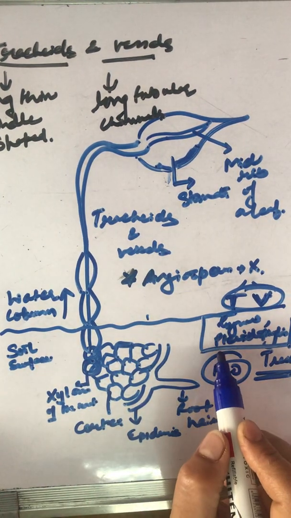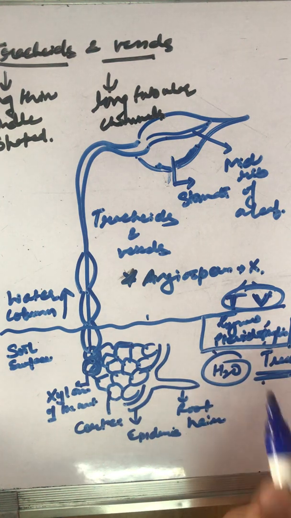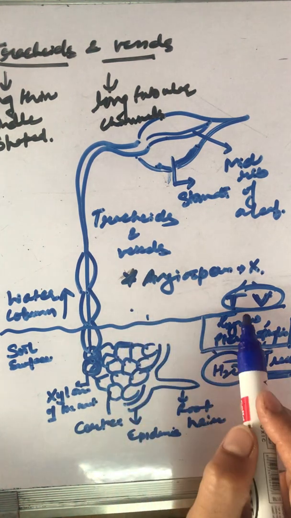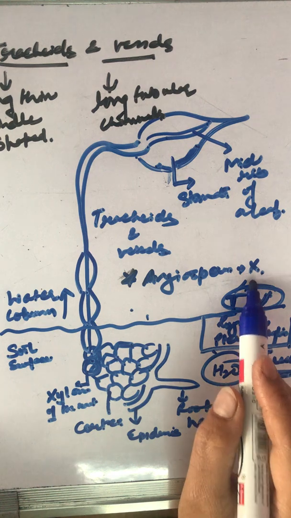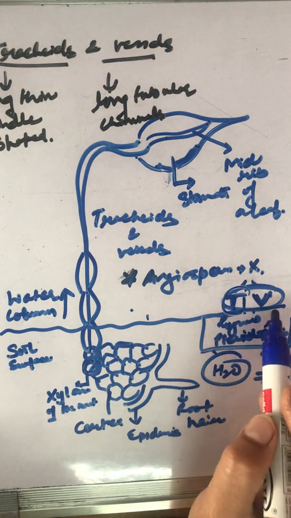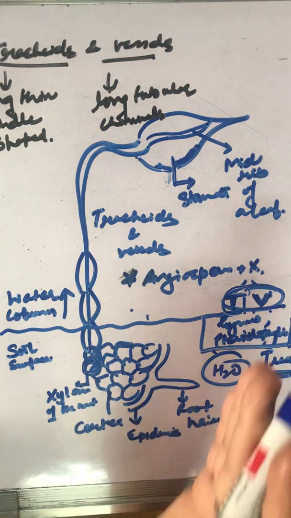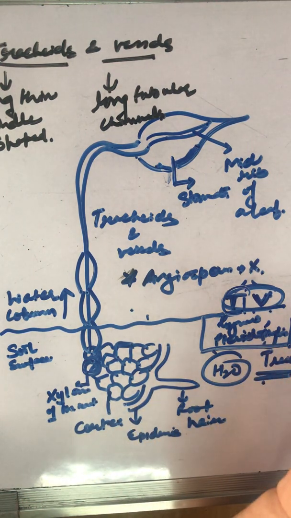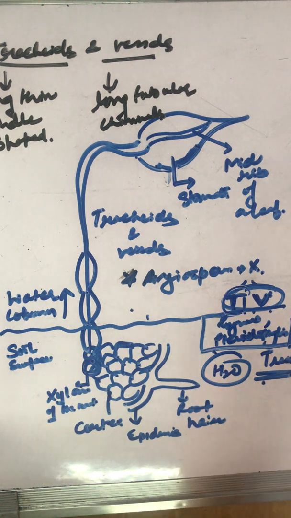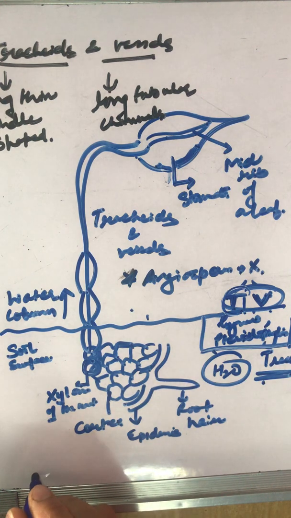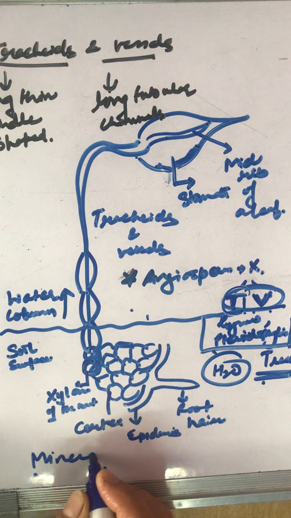So gymnos and pteridos, they have only tracheids, and angiosperms are supposed to have well developed xylem vessels. That means tracheids and vessels together are present there. Minerals are taken up in the inorganic form like nitrates, phosphates, and transport of water and minerals, it is taken up by the transpiration process. Clear? So minerals which are taken up, that is in the inorganic form.